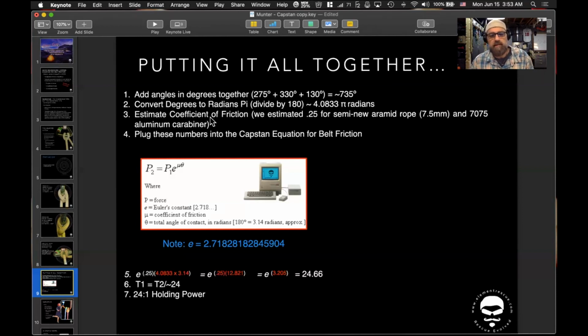It may not seem like a big deal, but because the coefficient of friction and the angles are both exponents to what's called Euler's constant, they actually make an enormous difference. So we estimate that to be about 0.25 for a new 7.5 millimeter aramid rope and an aluminum carabiner. We take those numbers and plug them into the Capstan or belt friction equation.